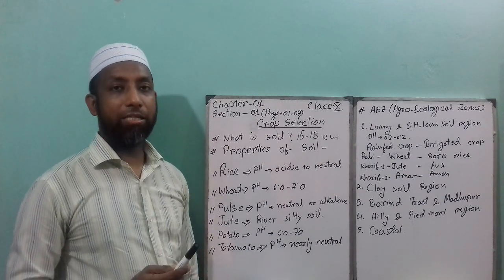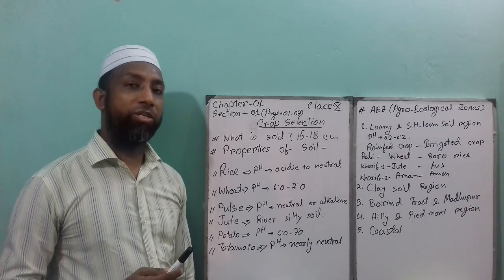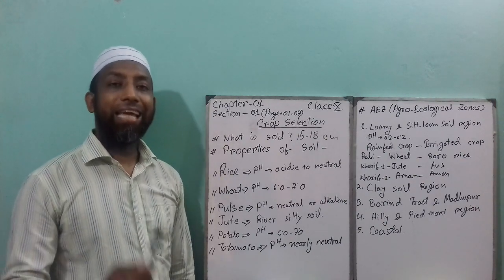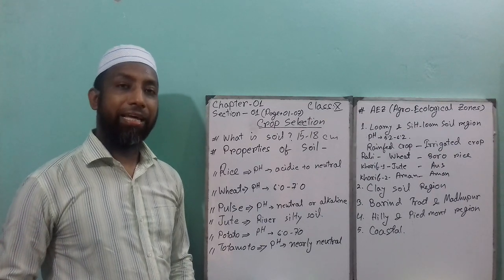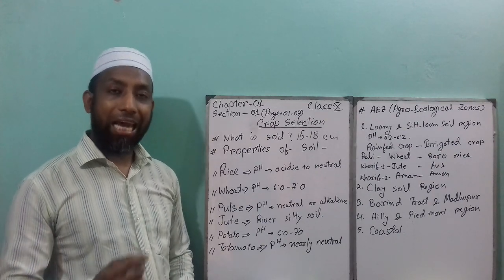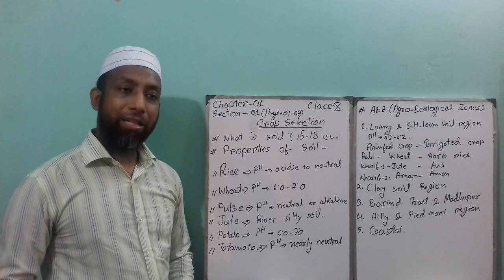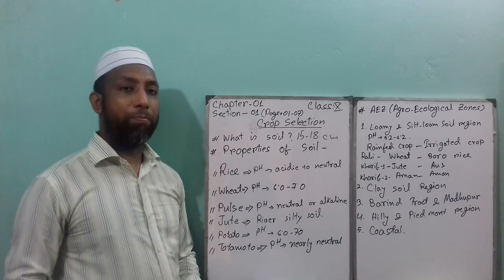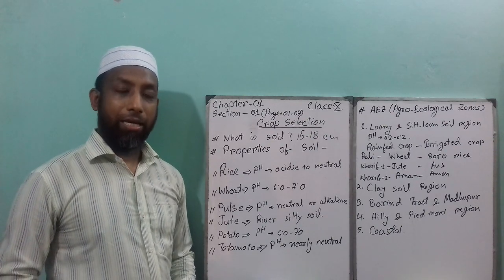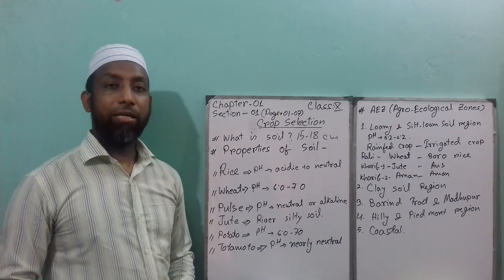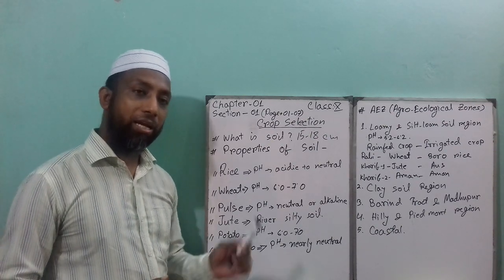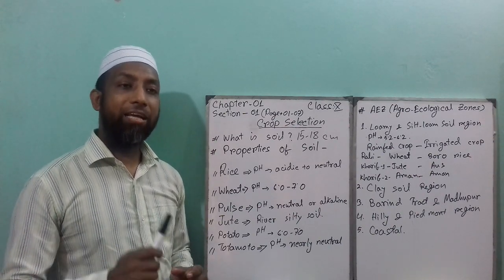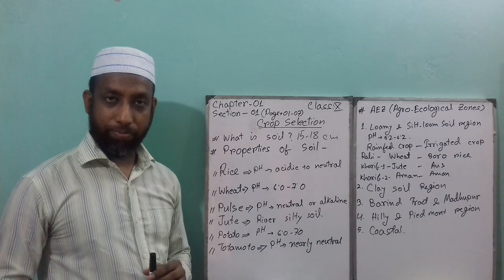Different types of soils we know are loamy soil, clay soil, silt soil, sandy loam soil, and clay loam soil. Remember that loamy soil is the best for all types of crop production. Scientists and everybody related to agriculture say that loamy soil is the ideal soil for crop production.